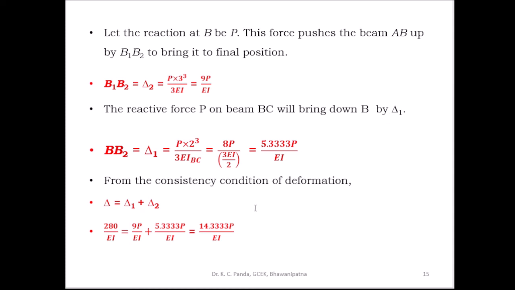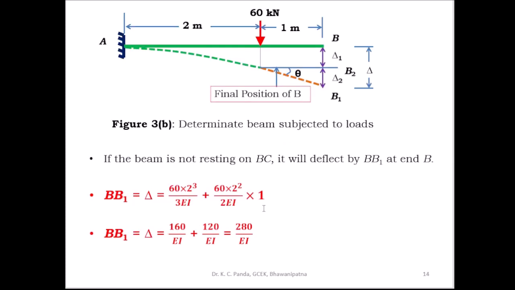Then from the consistency condition of deformation, the total deflection delta is equal to delta 1 plus delta 2. So here you know delta 2, this deflection you got due to the upward force on the beam AB, and delta 1 you got due to the downward force on the beam BC.